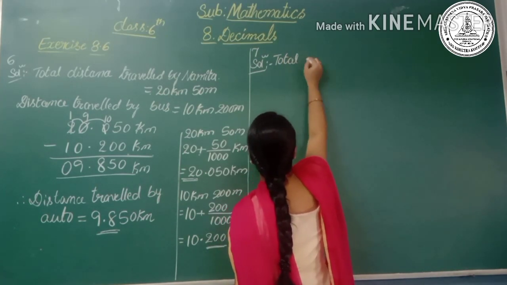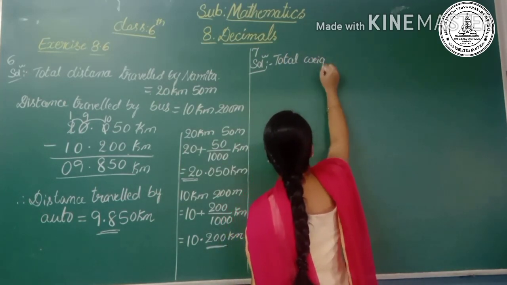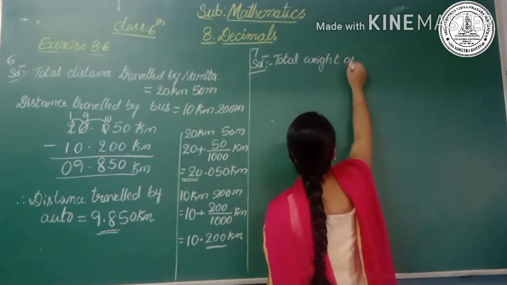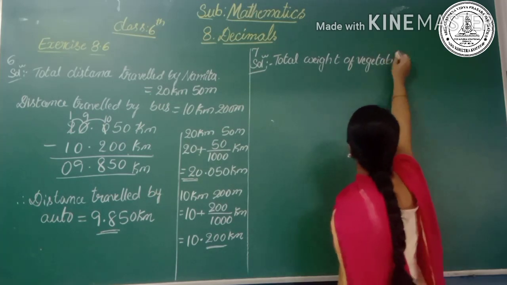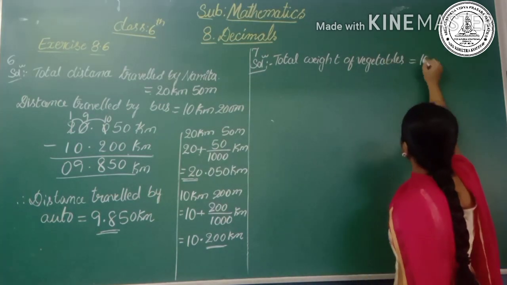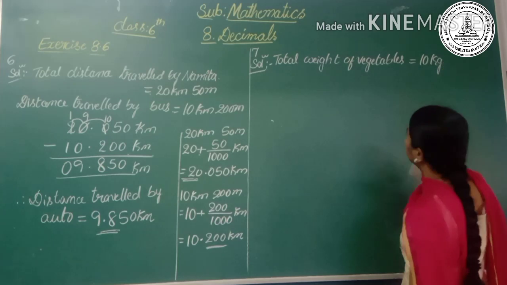Let's do it here. Total weight of vegetables is equal to 10 kg, right?